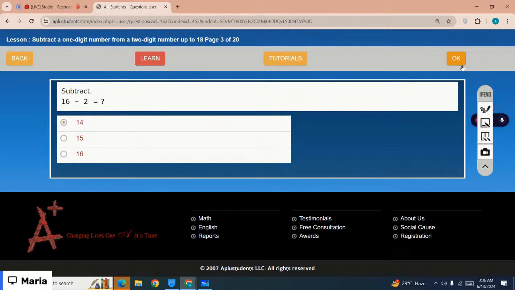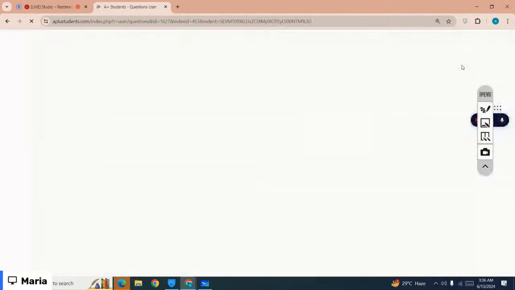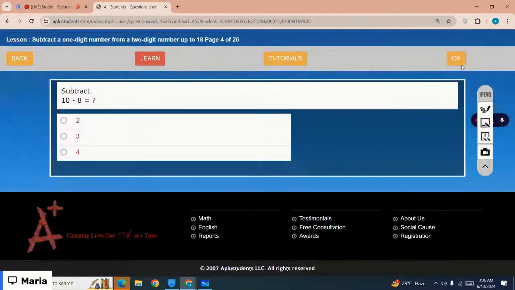The correct option is 14. 10 minus 8 equals, yes, the correct option is 2. 10 take away 8 is 2.